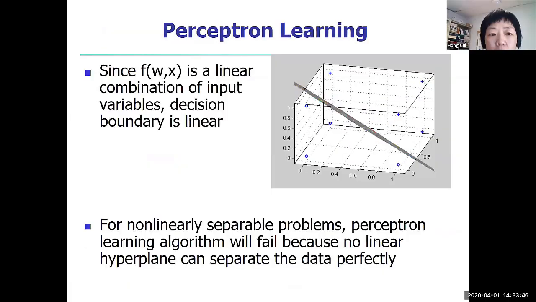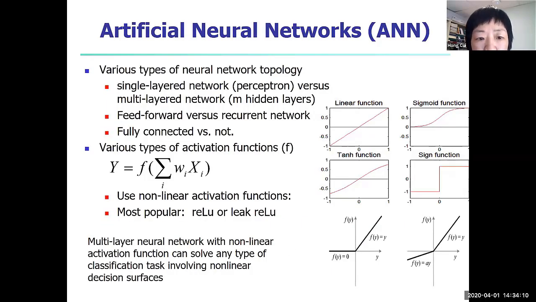Okay, a question. In this perceptron example, we can see our Wx is a linear combination of the input variables, so our decision boundary is linear. In general, an artificial neural network does not want a linear decision boundary. That's why different activation functions are used.